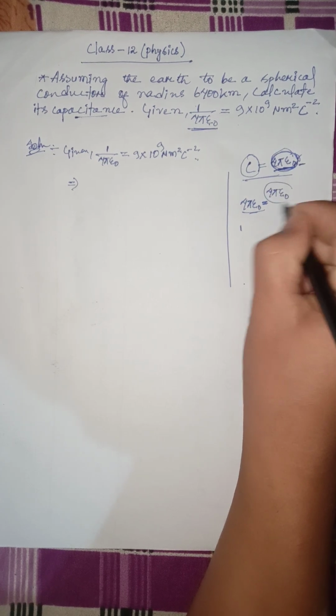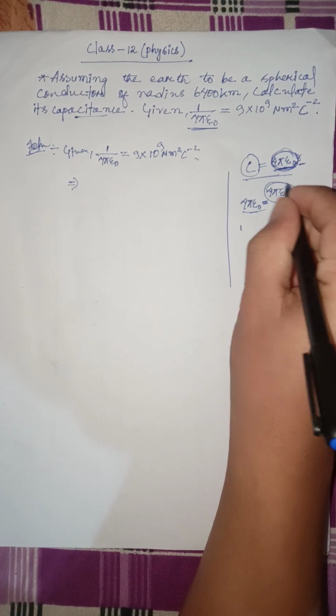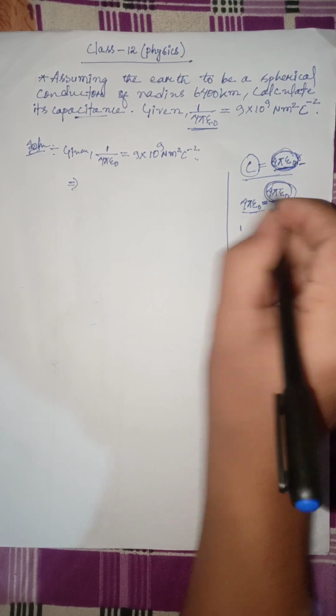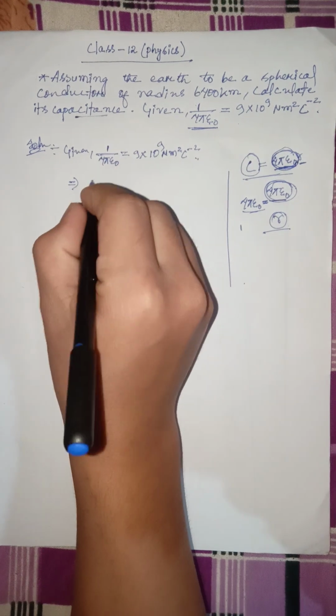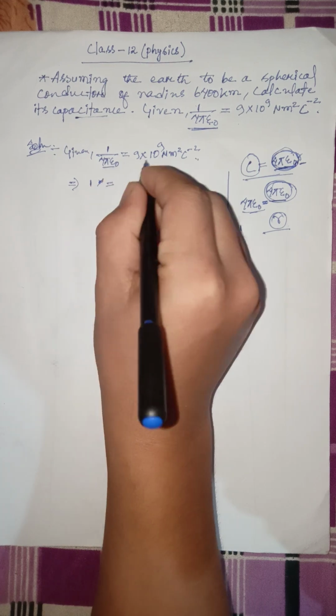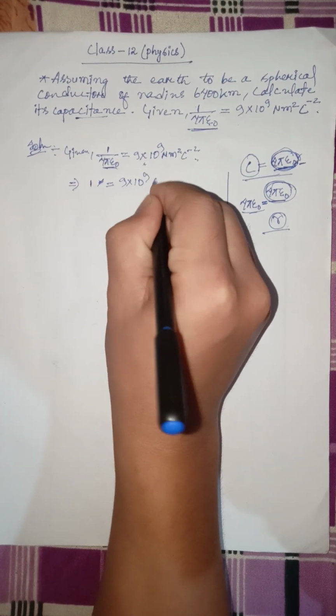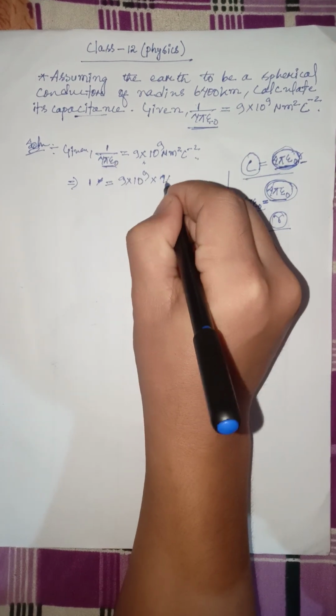First we need this 4 pi epsilon naught, and secondly we need this radius, right? Now to find this, we have to change this. First just multiply this number with this, and it will be like this: 4 pi epsilon naught, right?